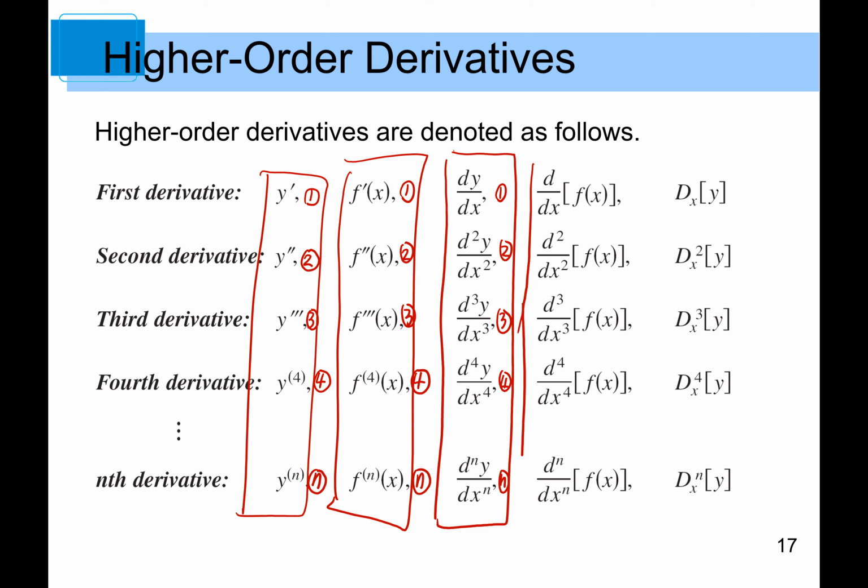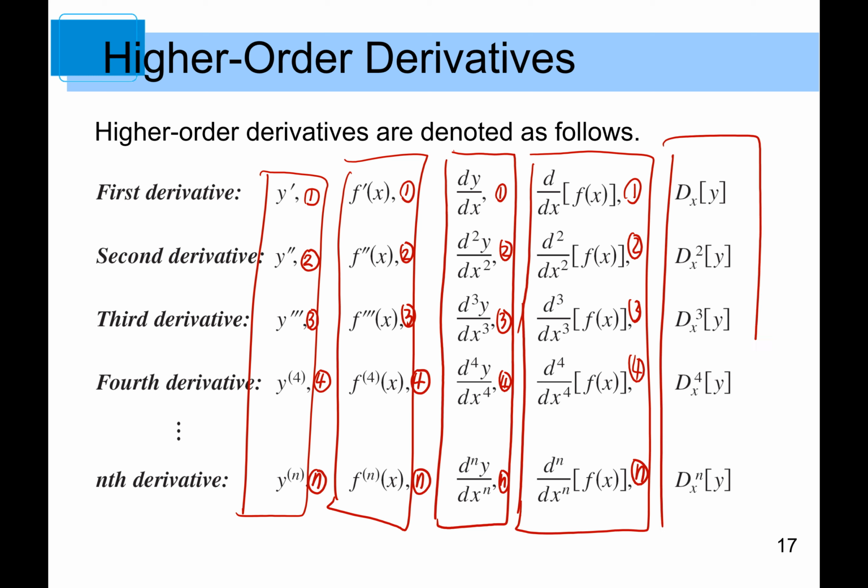Another way is d over dx of f of x, d squared over dx squared of f of x, d cubed over dx cubed of f of x, which are the first, second, third, fourth, and nth derivatives. And the last way of writing that: capital N in parentheses represents the derivative, with the first derivative actually having a 1 here, but they omit it.